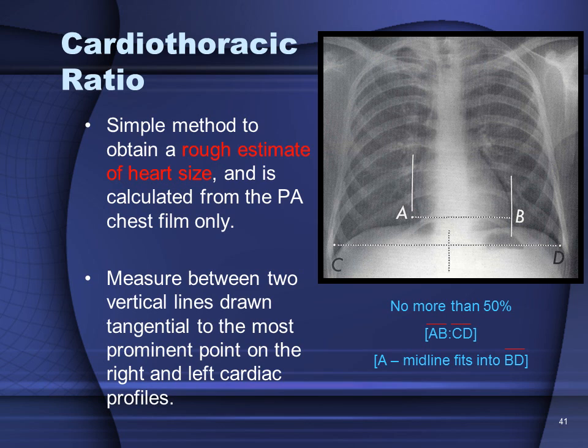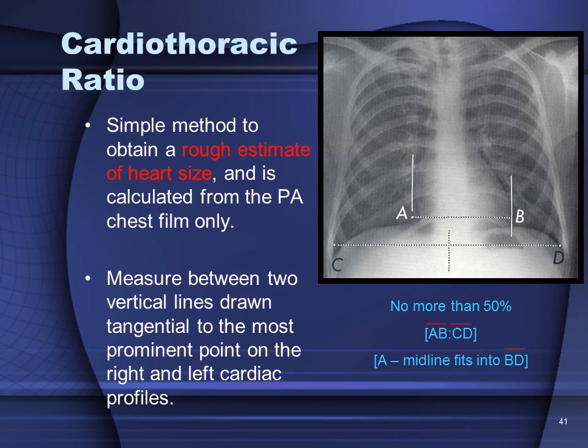As the chest film at the right shows, the cardiothoracic ratio would be the distance from A to B, or the width of the heart, over the distance from C to D, or the width of the thoracic cavity, and it should be no more than 50% in a healthy individual.